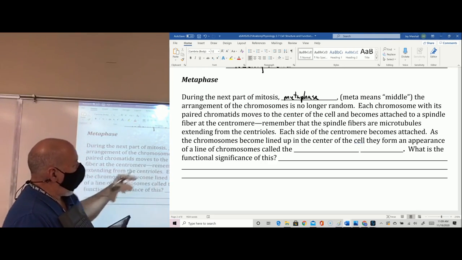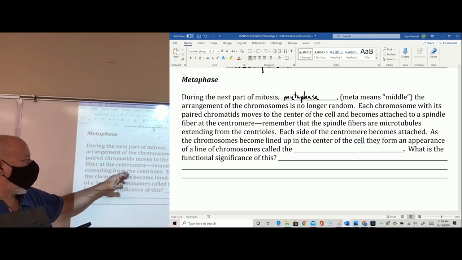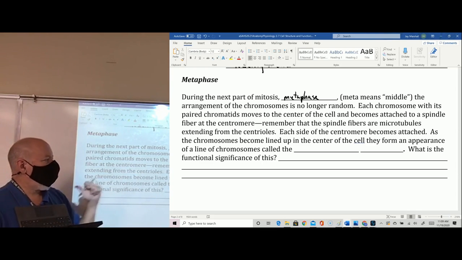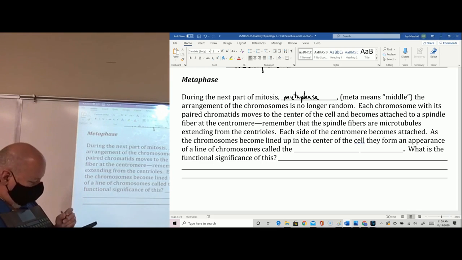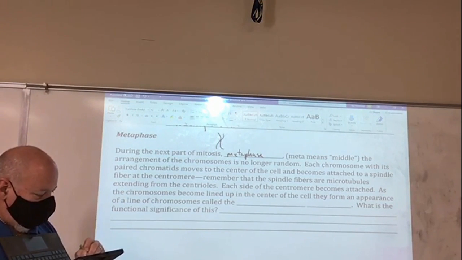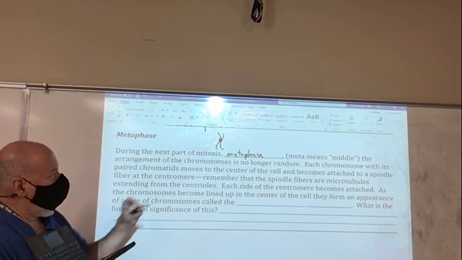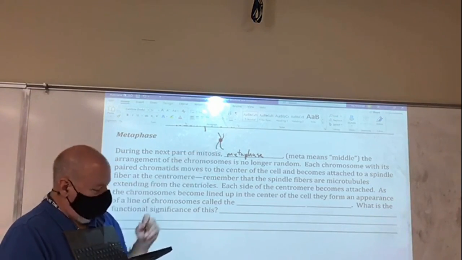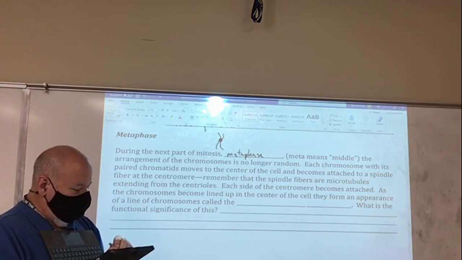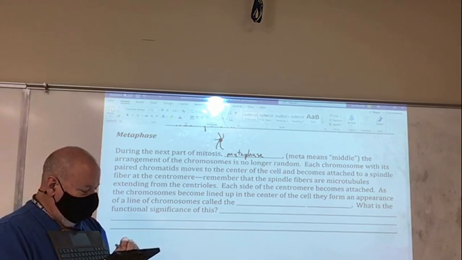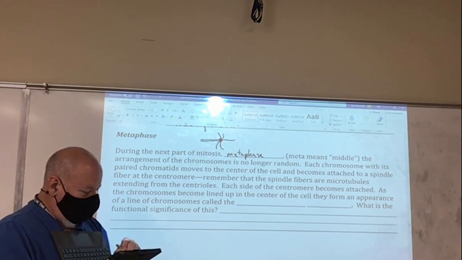Remember that the spindle fibers are microtubules extending from the centrioles, and each side of the centromere becomes attached. So I have a structure that's like this. Here's my centromere, and the centromere is made up of special proteins that are made to lock on to my microtubules. Okay?